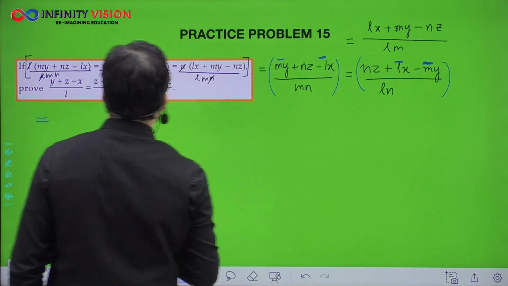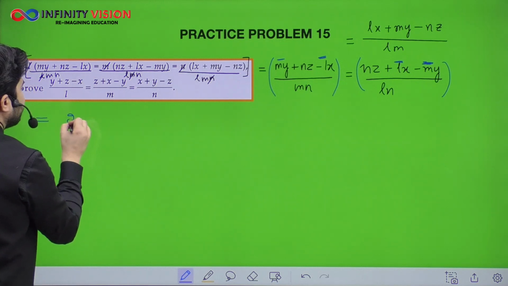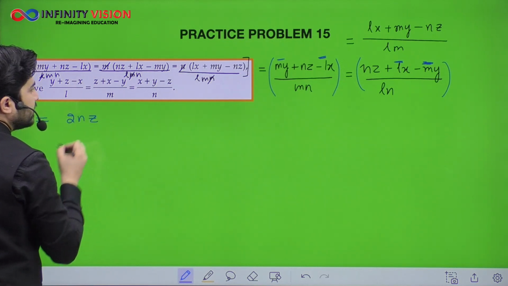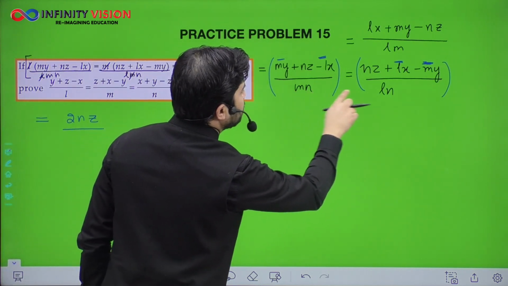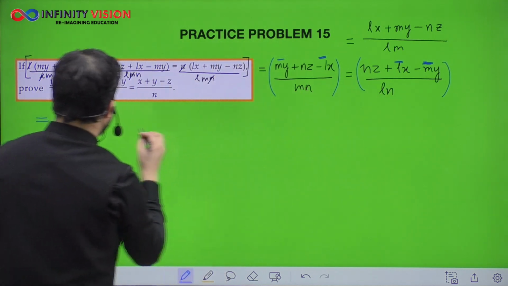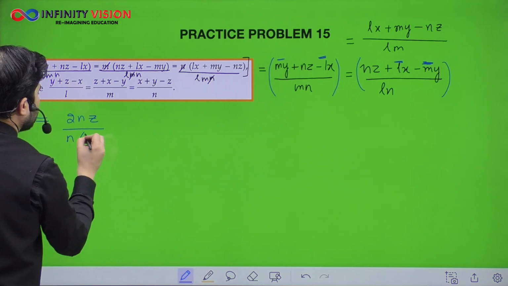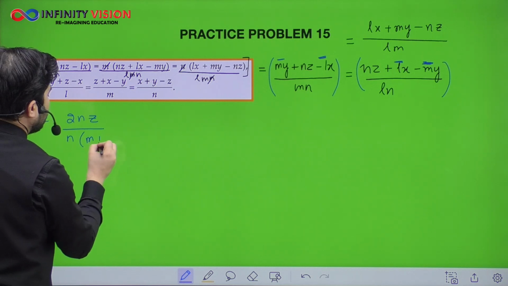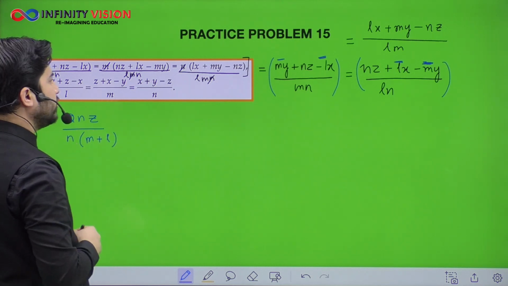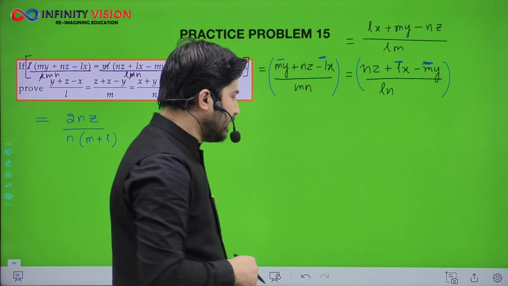So you would be left with twice of Nz upon, you will add the consequent Ln and Mn, where n is common, and the bracket would be M plus L. So this is going to be your first guy.